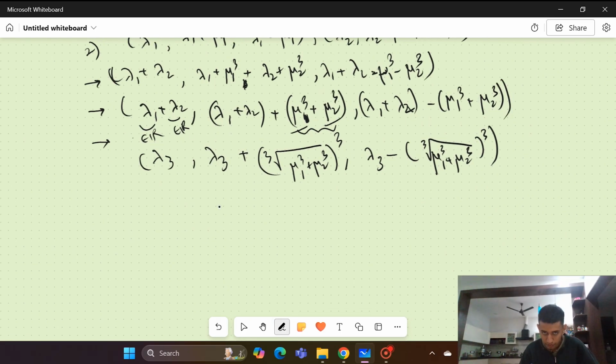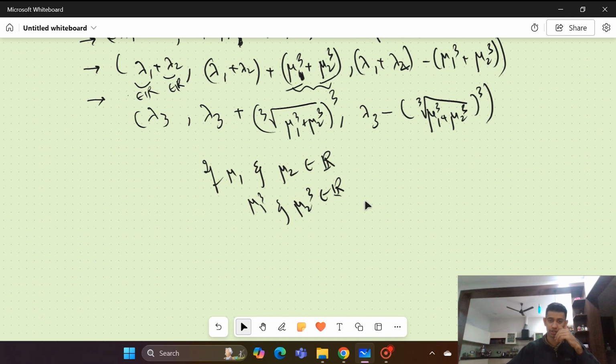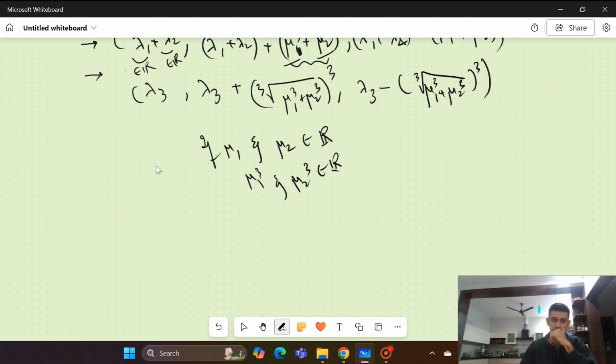We can say this because if mu 1 and mu 2 are elements of R, then mu 1 cube and mu 2 cube must also be elements of R, since if a number is real, its cube is also real. 2 cubed is 8, still a real number. The summation will still be a real number, and its cube root will also be a real number.